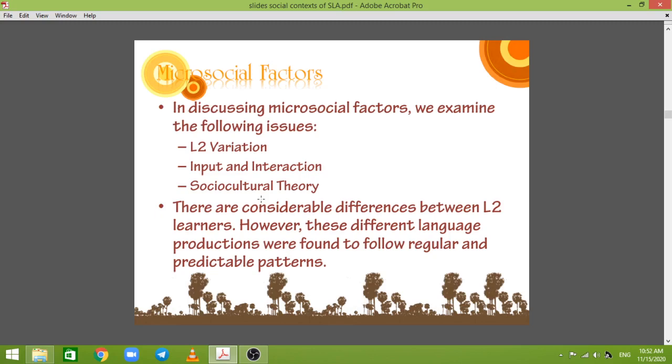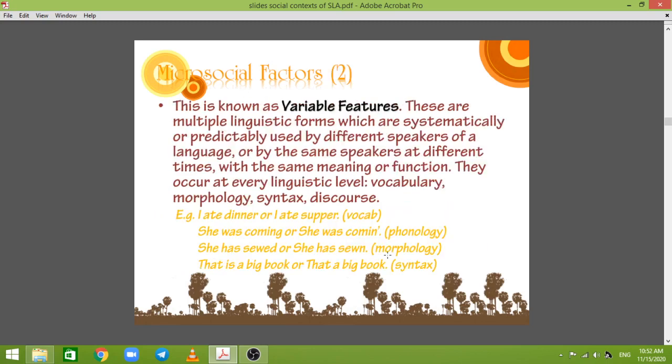There are considerable differences between second language learners, L2 learners. However, these different language productions were found to follow regular and predictable patterns. On top of this, it is known as variable features.